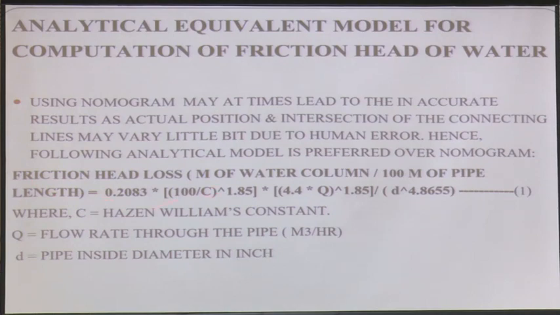You see here, Hazen-Williams constant C, you can put 140, use flow in cubic meter per hour, and D is in inch, the inside dia of the pipe in inch. If you use this formula, then you will precisely know what is the friction loss percentage for clear water, right.